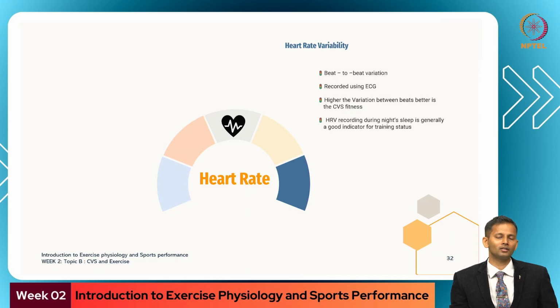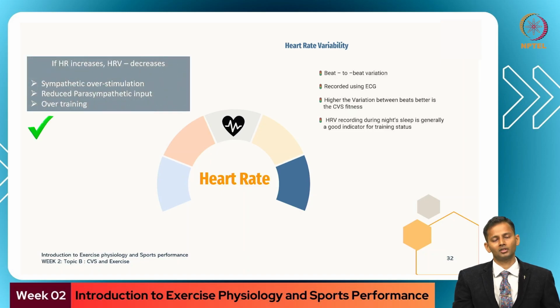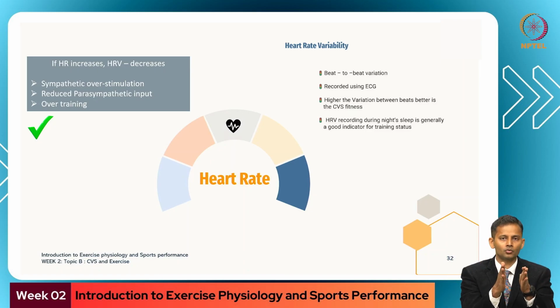So that is again considered to have a better correlation with the cardiorespiratory fitness, and more so when you take the HRV reading during sleep. That gives a better idea about the training state of the athlete or the individual. You will also have to remember that as the heart rate increases, the variation reduces, because the heartbeats are coming frequently, so obviously the difference is low.